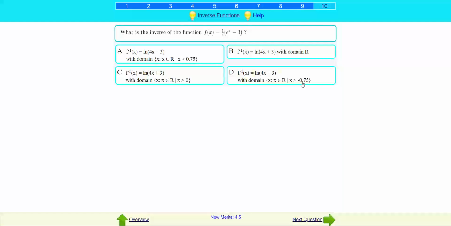But minus 75 would get eliminated by positive. It's like y 0.75.